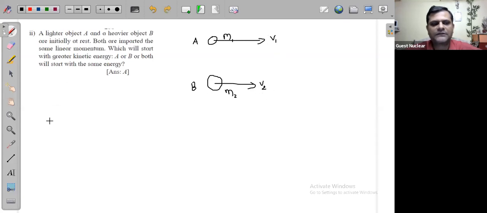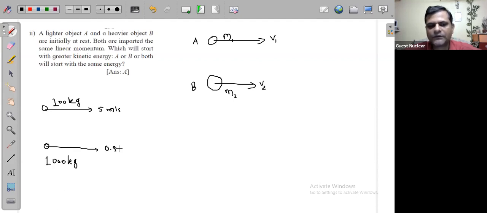Just for example, see here, suppose we have this first body of mass 100 kilogram, and the second body is, suppose, 1000 kilogram. If we want to give both the same momentum, and we give a velocity of 5 meter per second to the first body, then we have to give a velocity of 0.5 meter per second to the second body, so that the product of mass and velocity, the momentum, is the same.